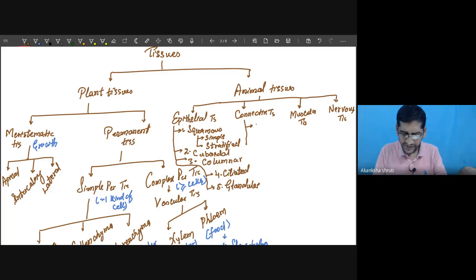So let us write: bone, blood, tendon, ligament. Skeletal, which gives the skeleton, means a structure like bones. Another, the nose that you have is slightly flexible. That is called cartilage.